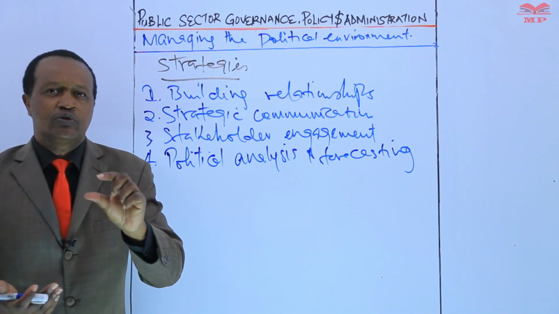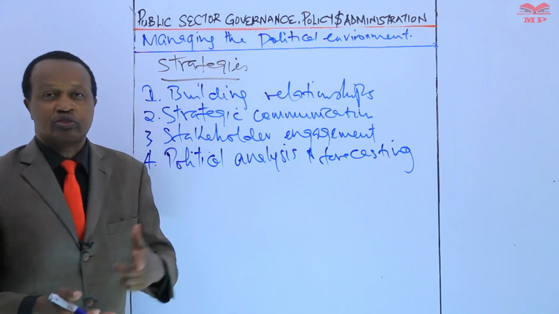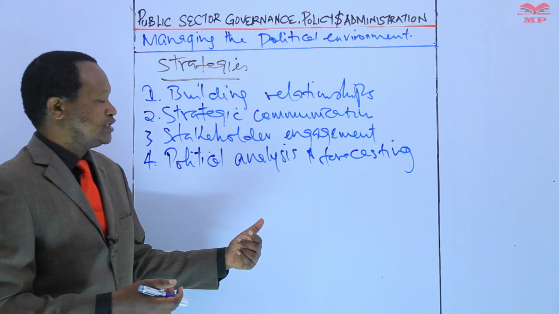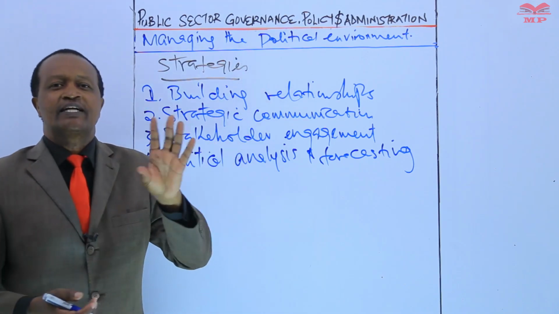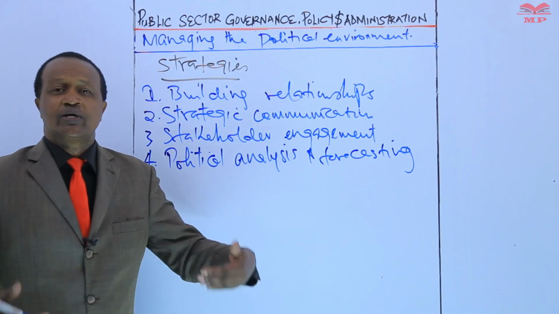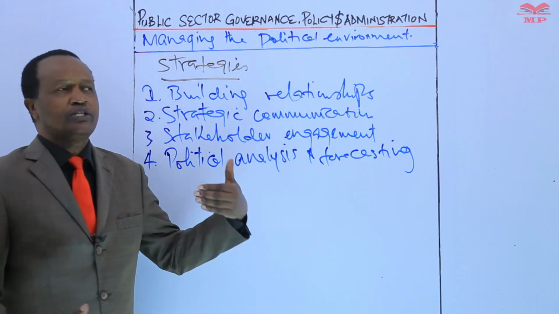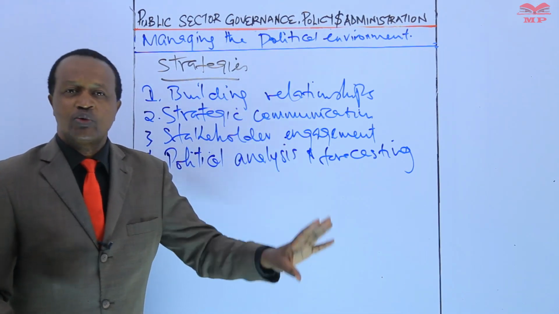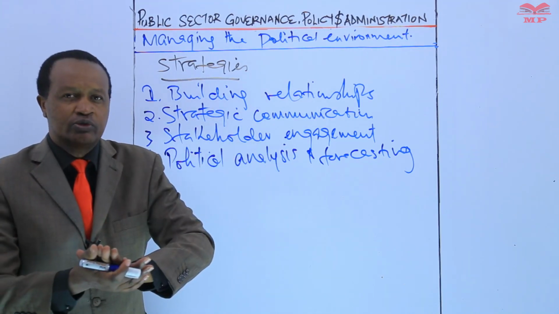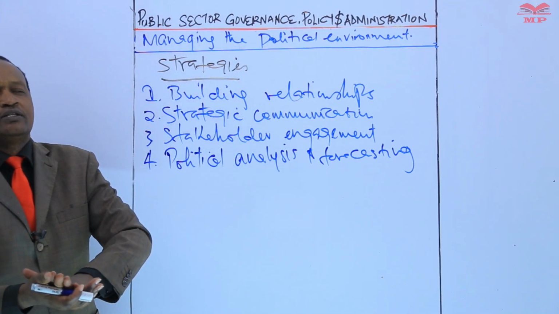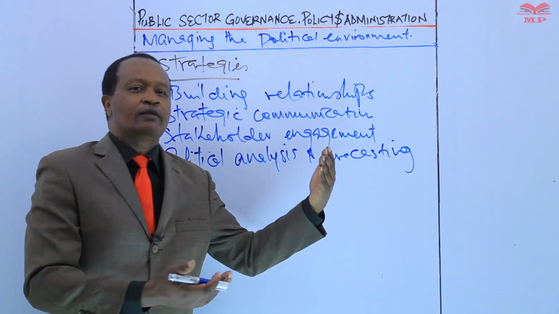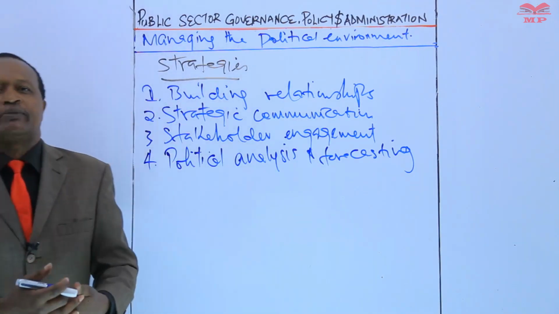That is essential for proactive decision making. To manage the political environment, one has to be informed, one has to be aware of political trends in the country, political trends worldwide, and also the potential risks. That is necessary in order to be proactive in decision making.